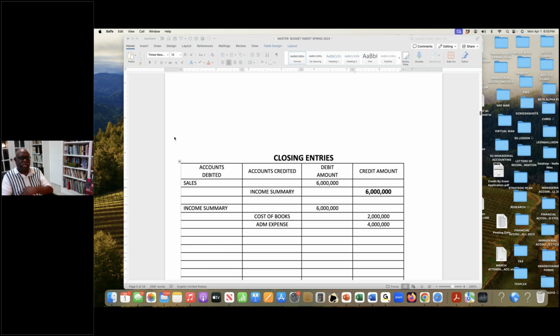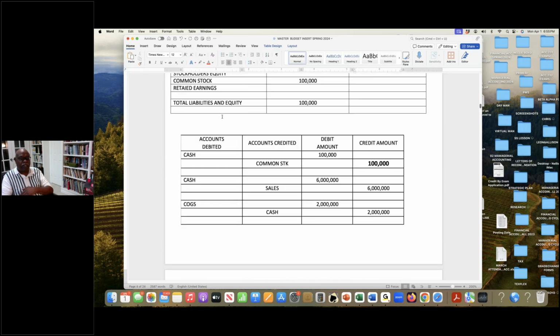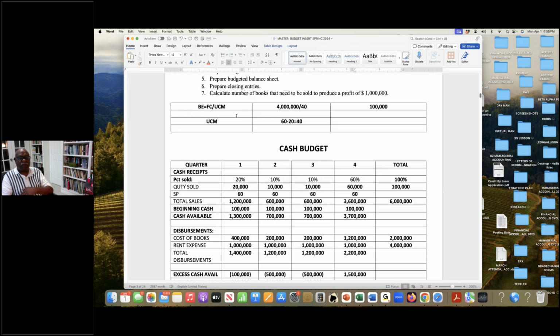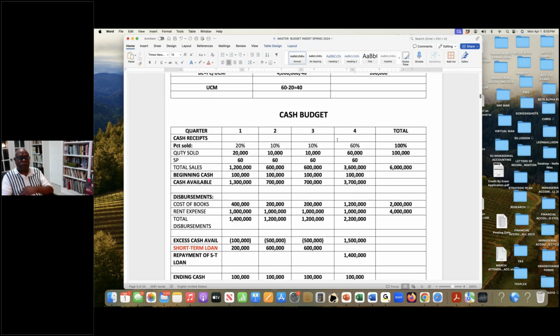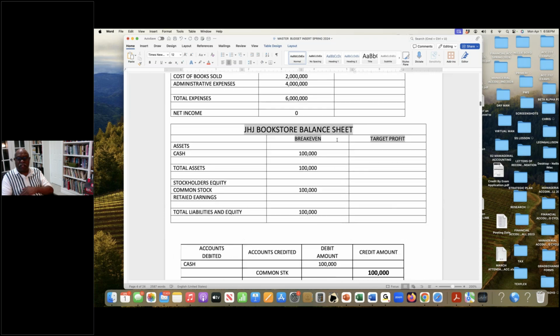Okay, let's look at the last thing that we were tasked with doing. Let's look at the number of books that need to be sold to produce a profit of 1 million, and then prepare the cash budget, the income statement, and the balance sheet.